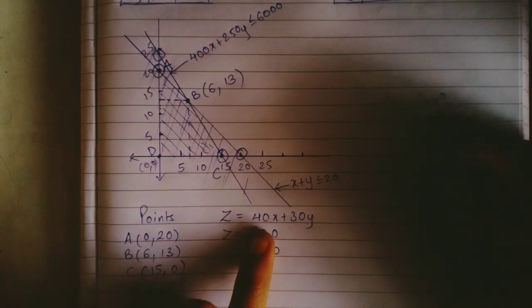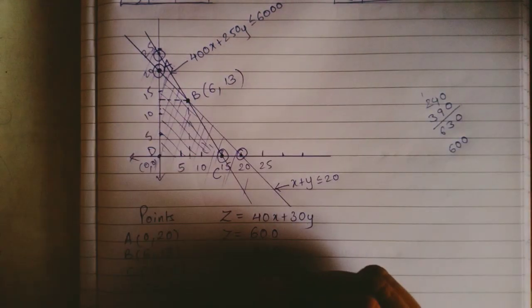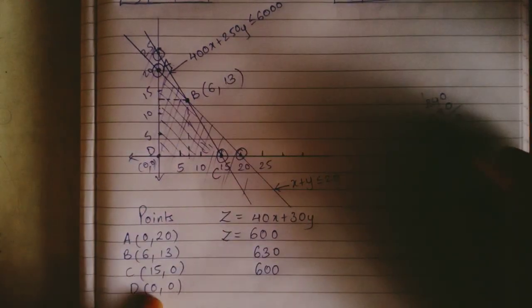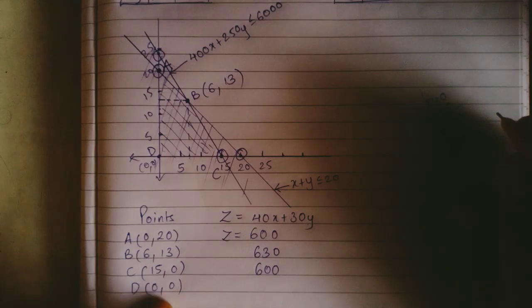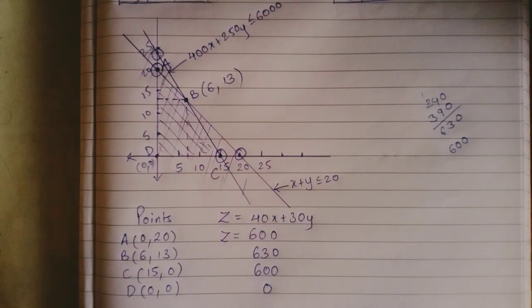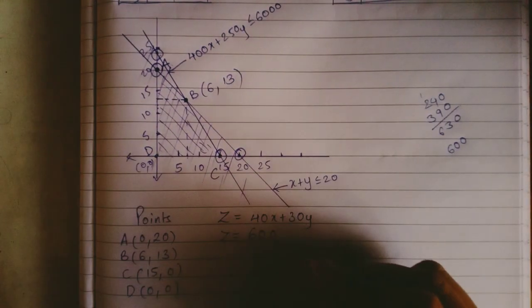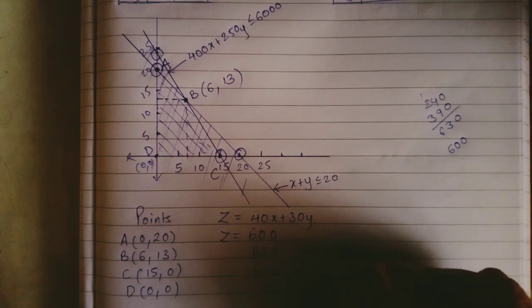Then 15 into 40 is 600. Zero, 0, 0. Okay, so this point is the maximum.